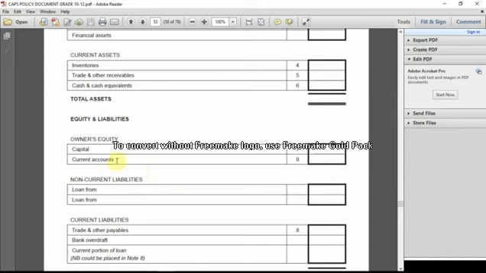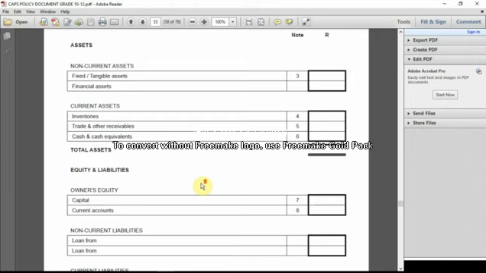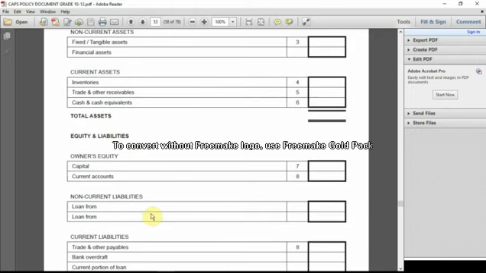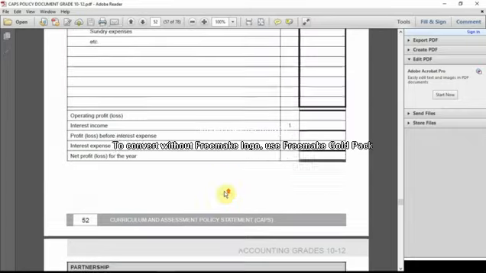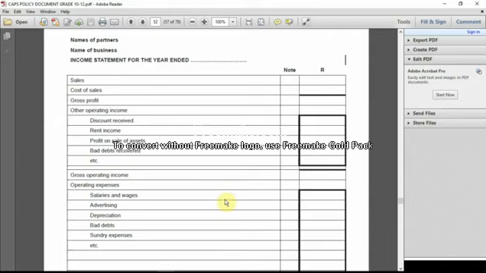What is the equity in the business? And we know the equity is basically the assets minus the liabilities. So the equity is what we owe the owners of the business. So now that we have focused on the definitions, let's get back to the purpose.